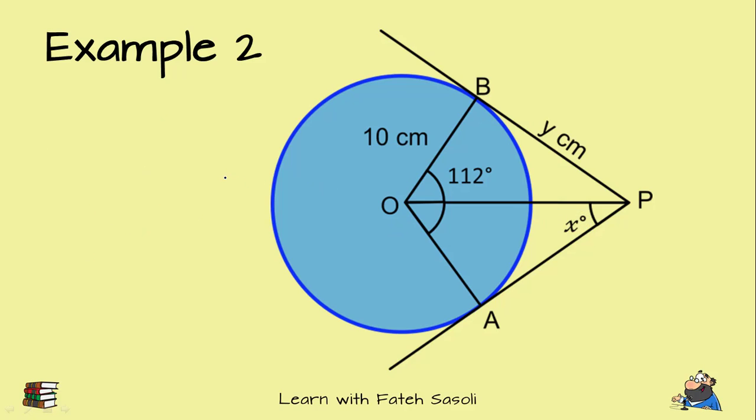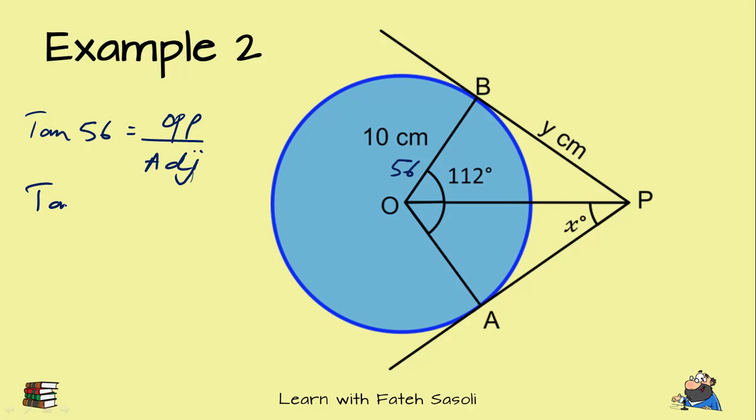Since we have x, let's look for y. We'll have to use a bit of trigonometric ratios here. This angle being 56, tan 56 will be equal to opposite over adjacent. This 10 centimeter line is the adjacent line to the 56 degree angle.